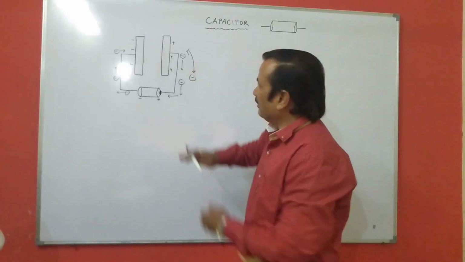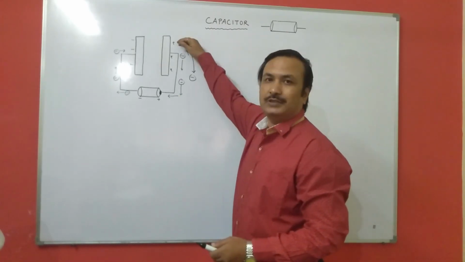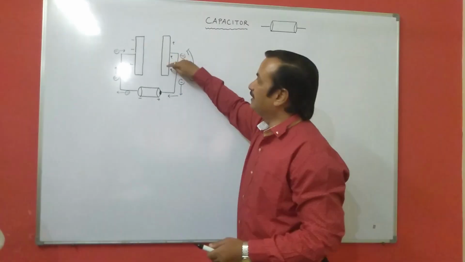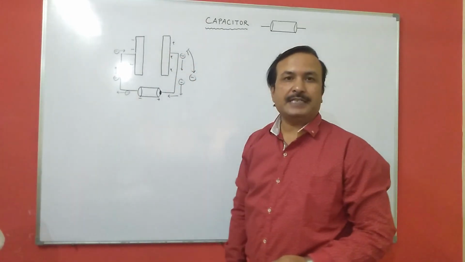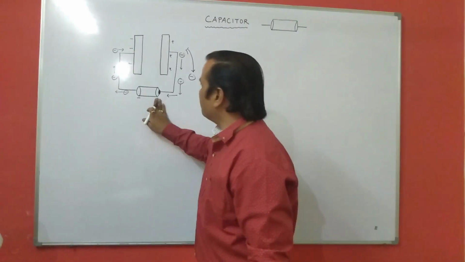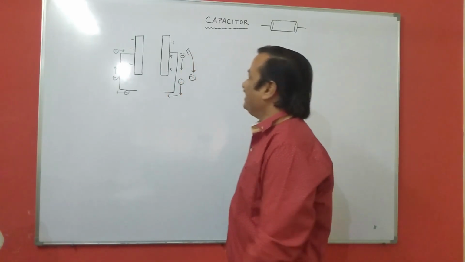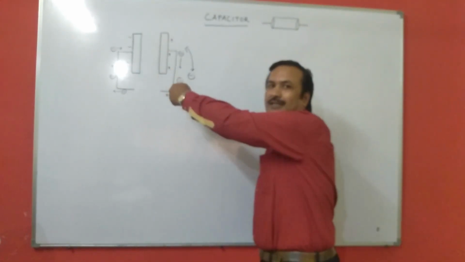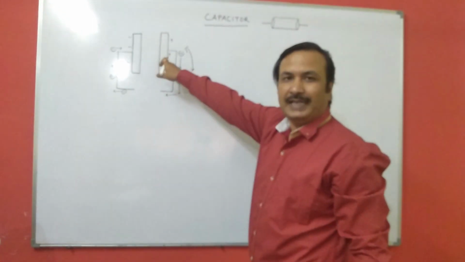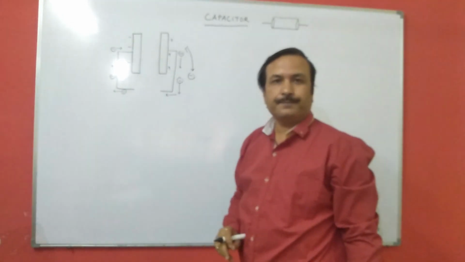So the time will come when this negative will neither go this side nor go this side. That means this plate is fully charged. Now if you remove this battery from here, these positive charges will sit over there wherever they are, negative charges will sit over here wherever they are.